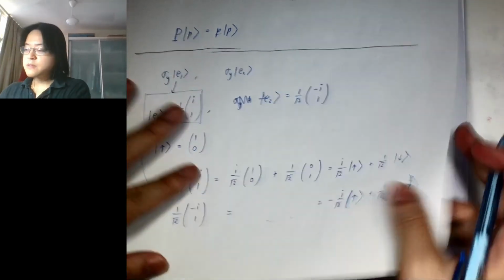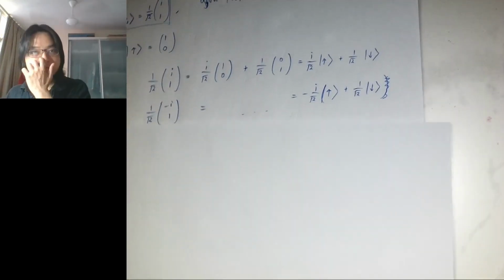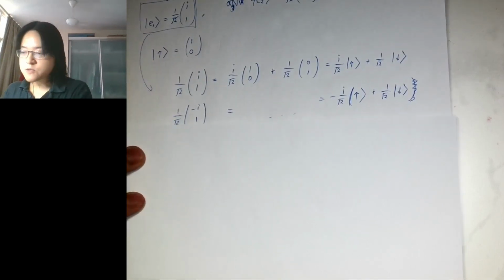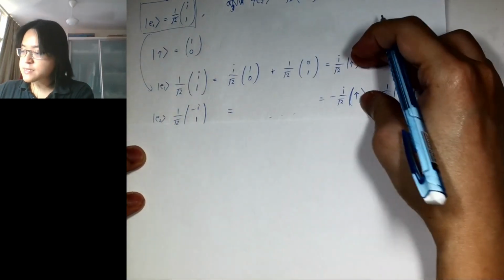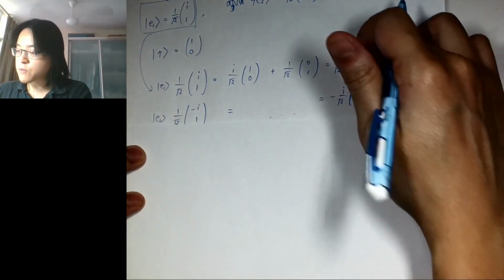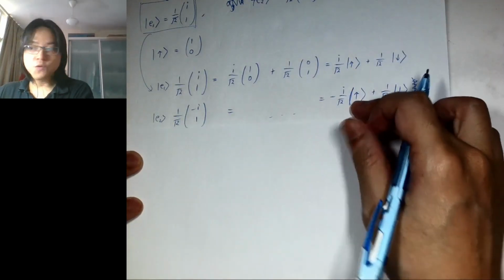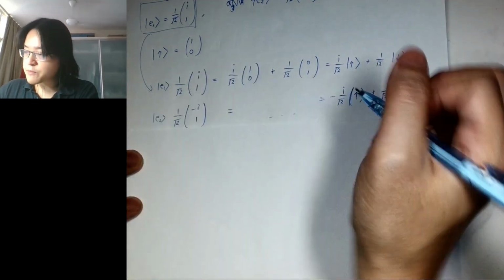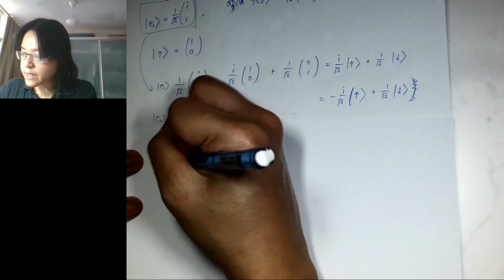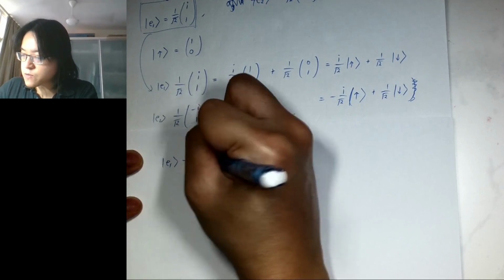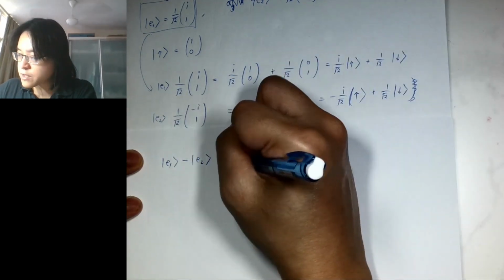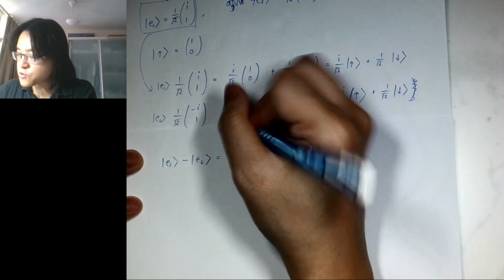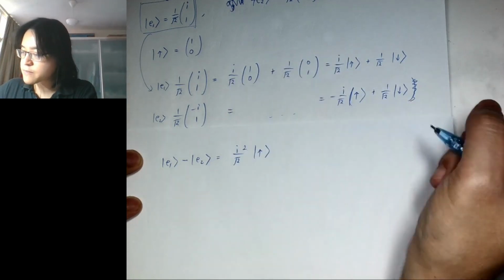So I can actually express my spin up and down in terms of this new basis. This was E1, this was E2, right? So let us take equation 1 minus equation 2. If I take equation 1 minus equation 2, I get E1 minus E2. So this becomes I over root 2 plus I over root 2 spin up plus 0.